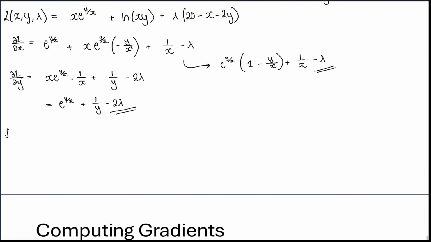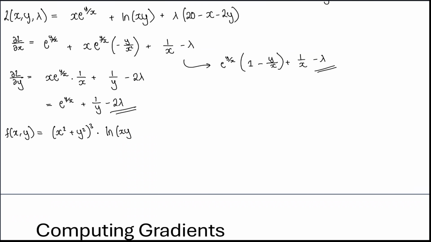Cool. If we look at another function, let's say we had x squared plus y squared all to the power of 3 multiplied by ln xy. Differentiating this partially with respect to x will give us 6x times x squared plus y squared to the power of 2. I'm using chain rule for this, dropping down the power and then subtracting 1 from the power.